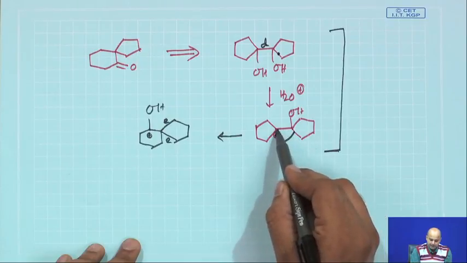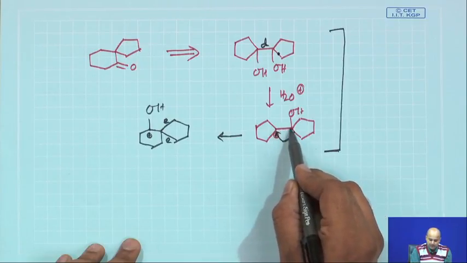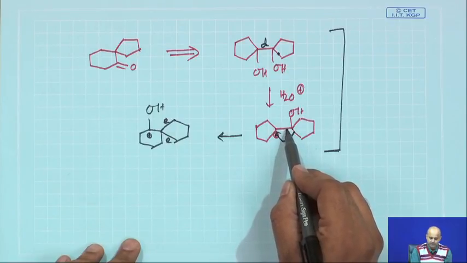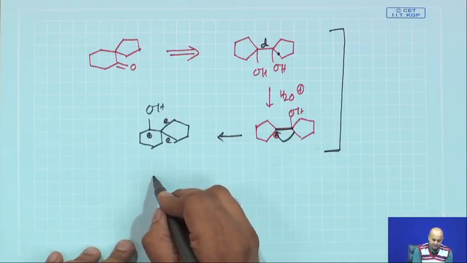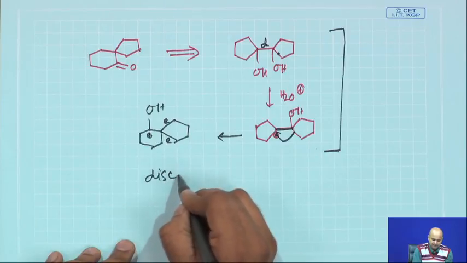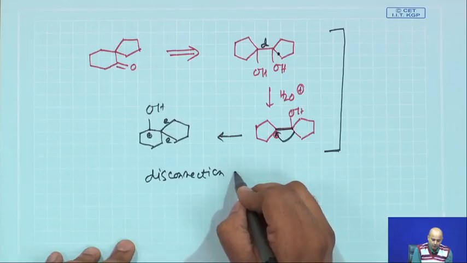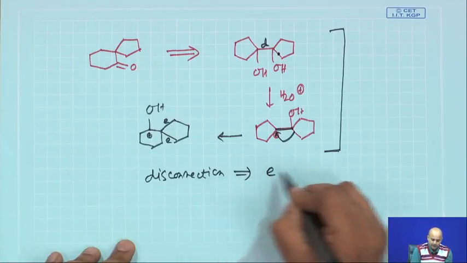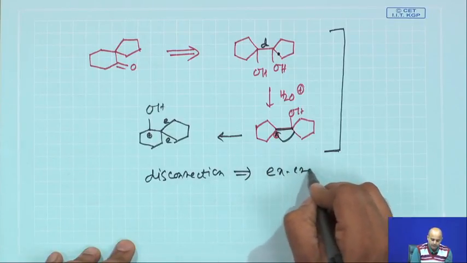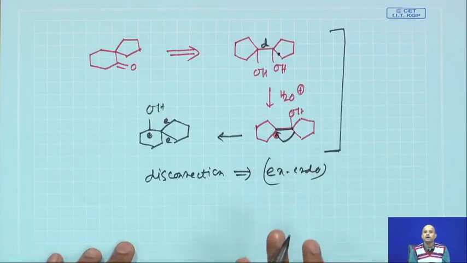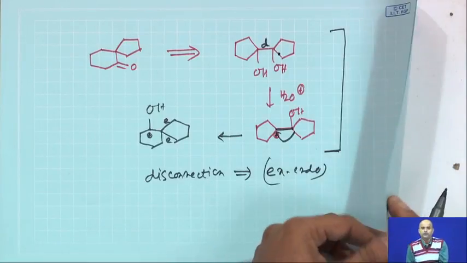So, then this directly linked bond is becoming exo, is it not? This directly linked bond is becoming exo. So, our disconnection is always focused through exo bonds, and that was usually preferred when you have a spirocyclic compound.